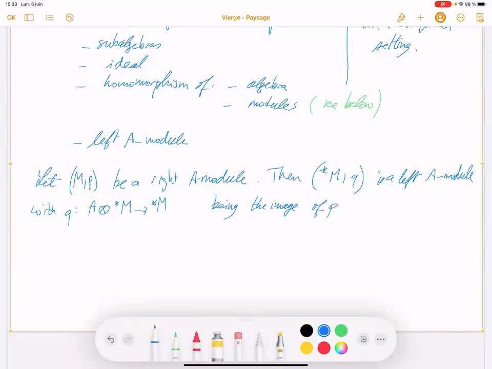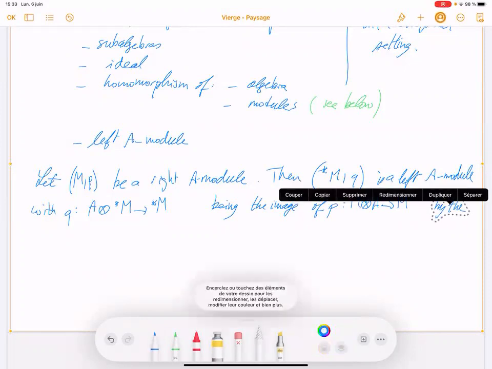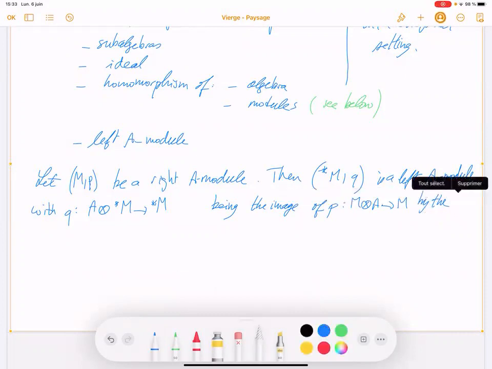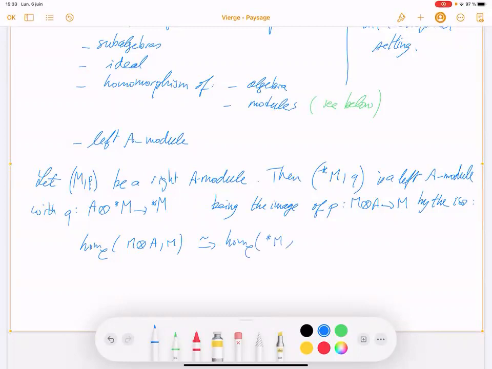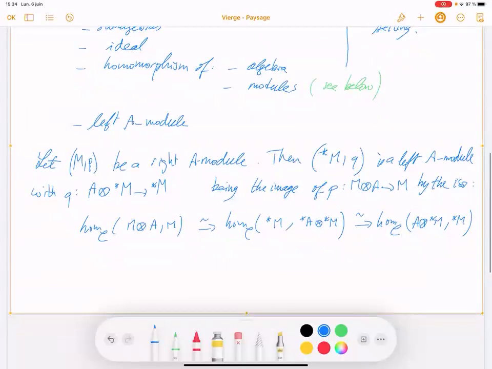Image of P by the isomorphism like that: Hom_C(M tensor A, M) isomorphic to Hom_C(star M, star A tensor star M)... isomorphic to Hom_C(A tensor star M, star M). What are these isomorphisms?